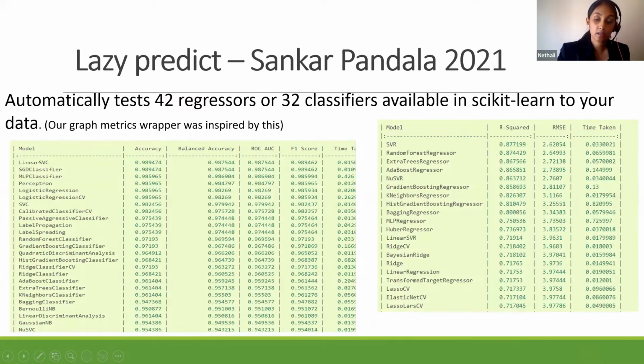Taking a little reroute, there is something called LazyPredict. I don't know if you have heard about this, but it's a really cool tool, introduced by Shankar Rawat in 2021.